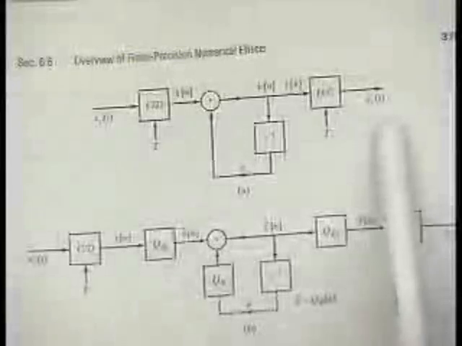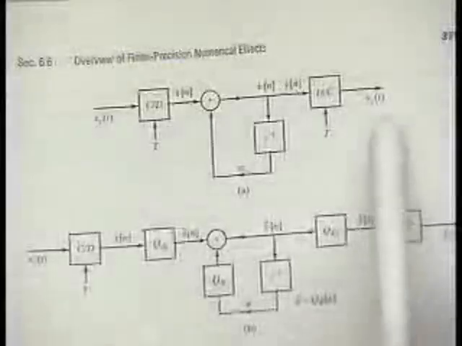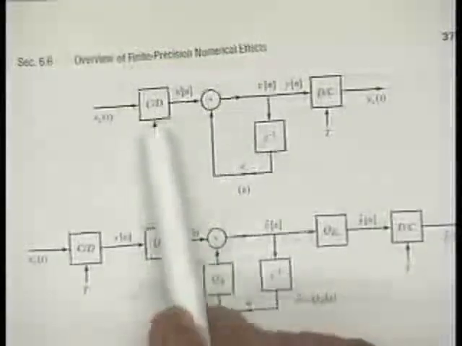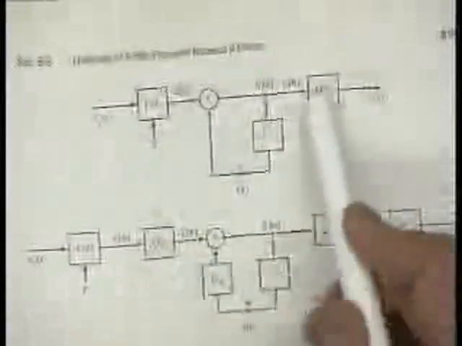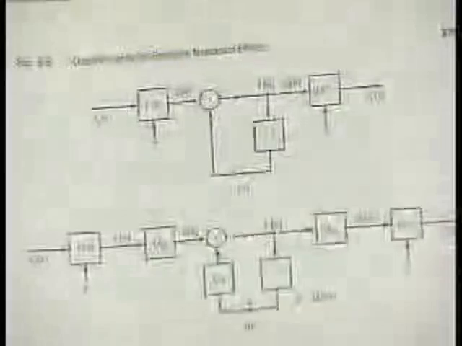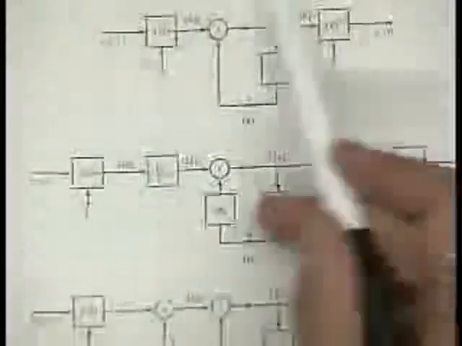In real life, the continuous to discrete time conversion doesn't have infinite precision. The multiplication by a doesn't have infinite precision. The addition here doesn't have infinite precision, and the D to C doesn't have infinite precision either. So if I wanted to add all the quantizations that occurred in this really simple system, I can do it like this. The continuous time signal comes in. This is an ideal continuous to discrete time conversion. Then I put this quantization because of this part.